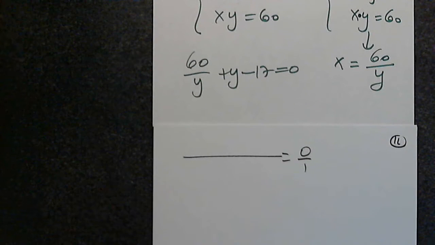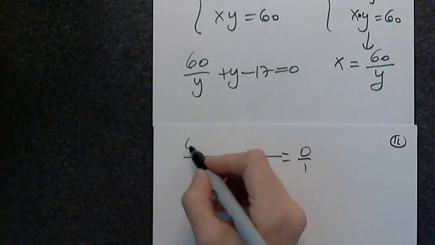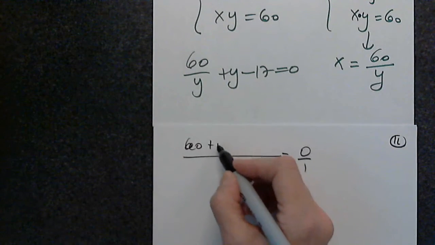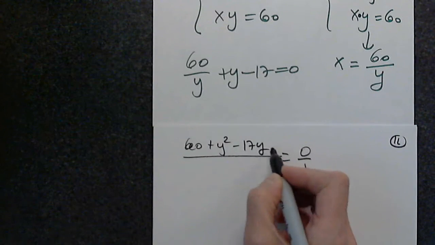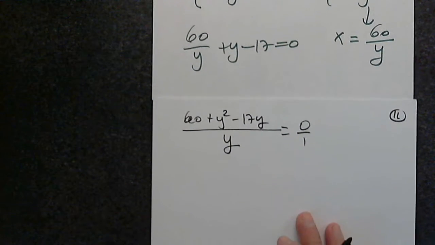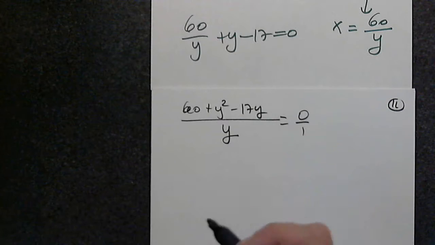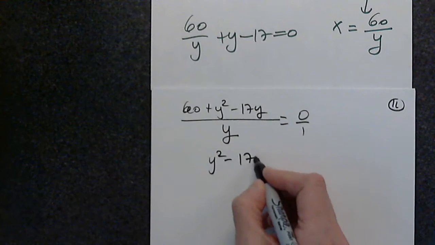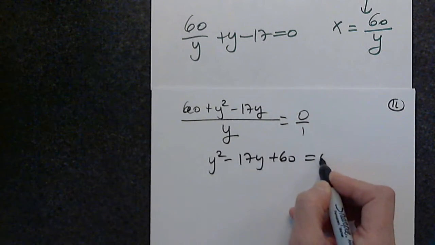In this case, you can say I can because y will never be 0. But you can never multiply or divide both sides of an equation by a variable. So this is 60 plus y squared minus 17y over y. And cross multiply: y squared minus 17y plus 60 equals 0.